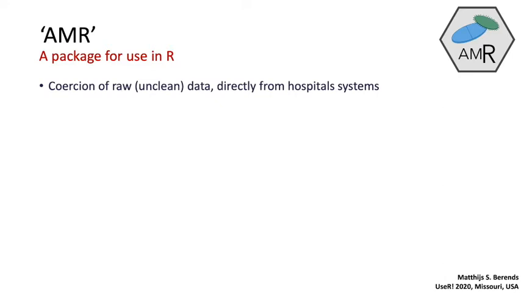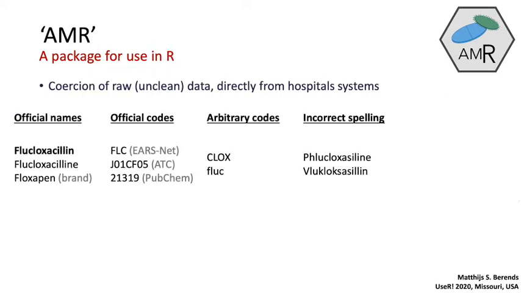So what can it do? Well, you can use it to coerce raw, unclean data that you get from laboratory or hospital systems. Here's an example. You see here the official name of flucloxacillin, which is an antibiotic, some derivations from other countries, other languages, and a brand name. And brand names differ per country as well. Official codes, one by EARS-Net, by the WHO.